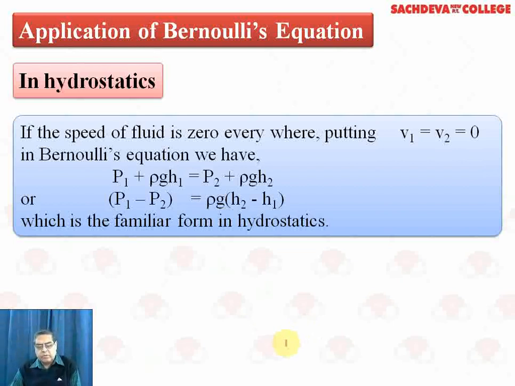So we shift P2 to the left side and ρgh1 to the right side. It will become P1 − P2 = ρg(h2 − h1).